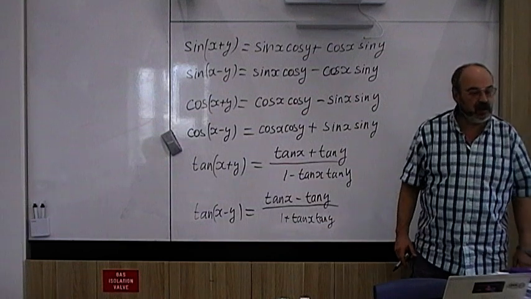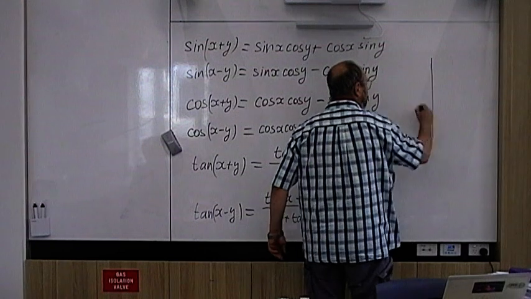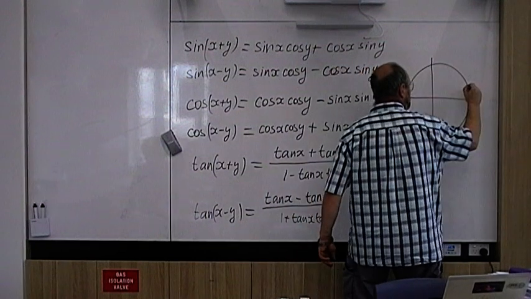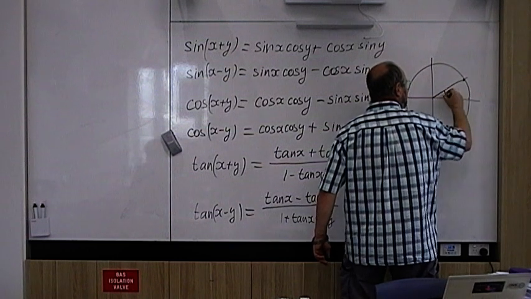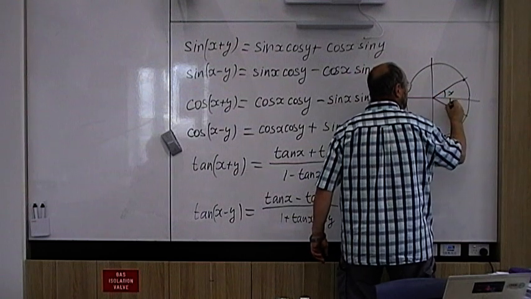Symmetry properties of the circular functions. We always refer to the unit circle. If we have this is x and this is minus x.